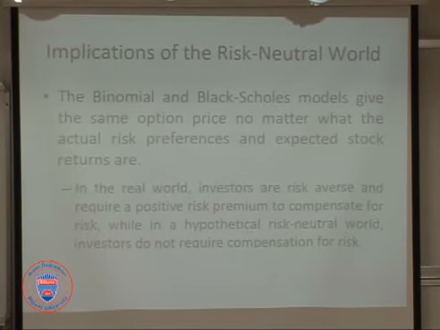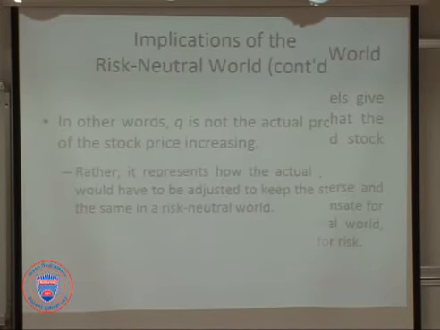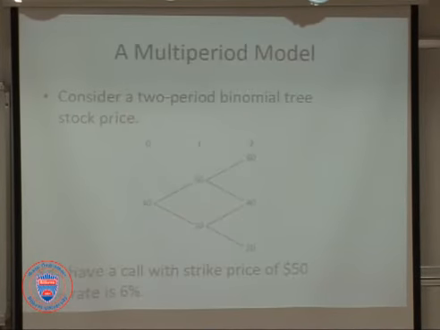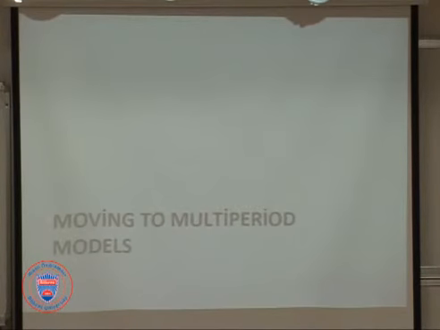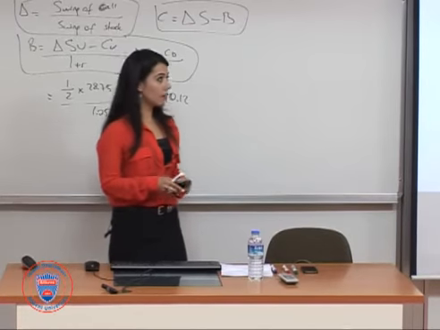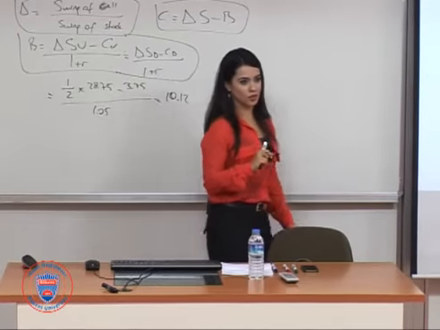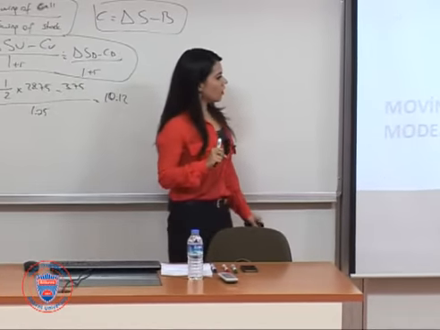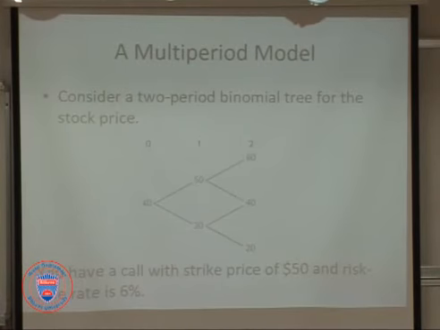Okay, so in the binomial approach, we assume that we are in a world of two states. Is it realistic? It's not realistic. So what we will try to do is move to multi-period models, and we're going to see how things will change a little bit. Then we're going to move to Black-Scholes. Okay, let's start with this example.